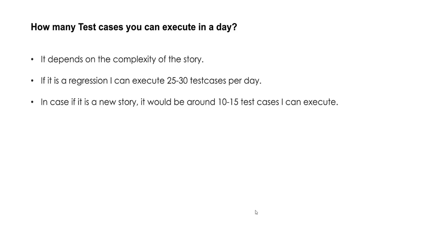Approximately you can tell: this was a story that I have tested, which took only this much time. This was a new feature. We were committed to deliver this in one sprint. So we executed almost 8 to 10 new test cases for that. That is how you can tell based on the work that you have already done.